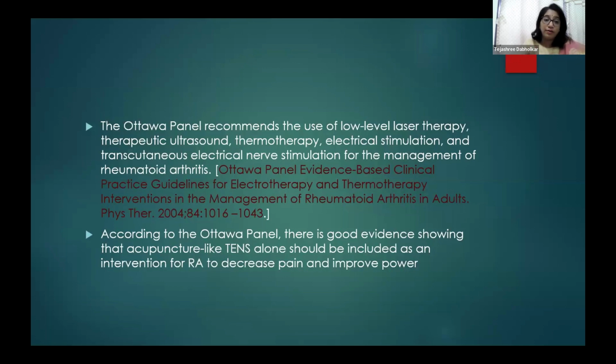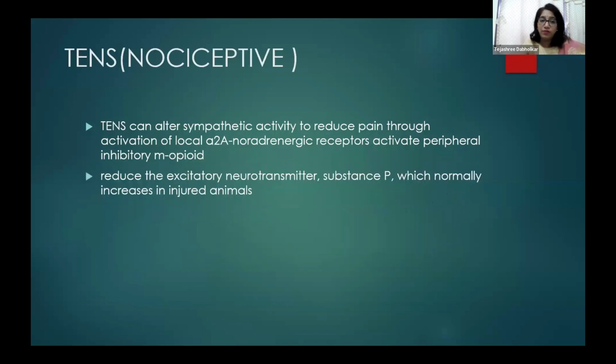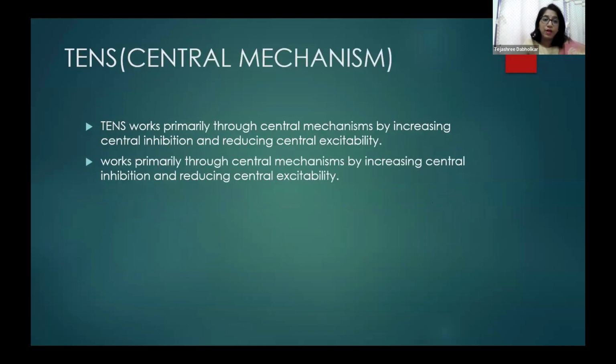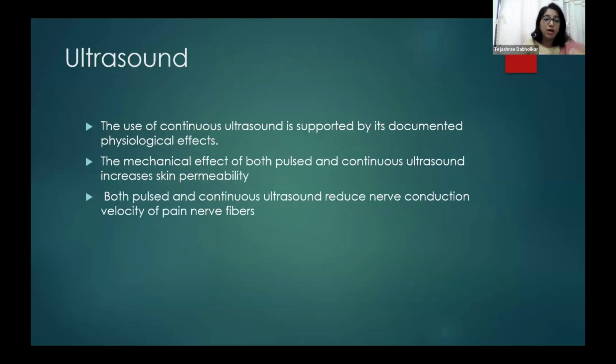Specifically in rheumatoid arthritis, this has helped in reducing central excitability and improving the peripheral inhibition part. So TENS is very effective in nociceptive kinds of pain. In the central mechanism also, TENS works by increasing central inhibition and reducing central excitability. So it works on the central mechanism very essentially.